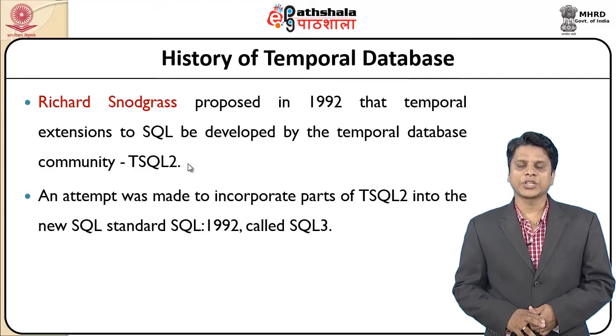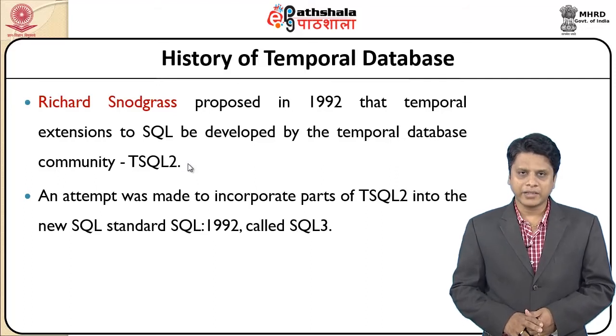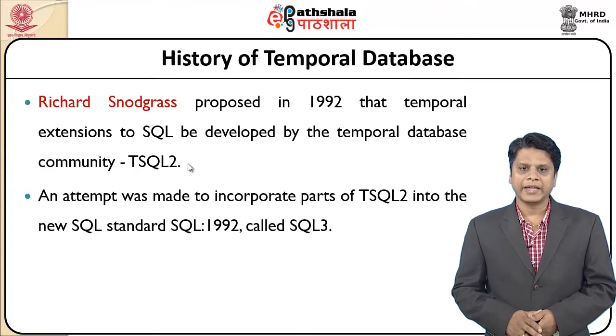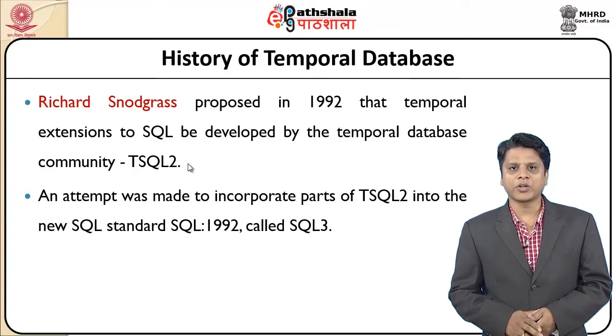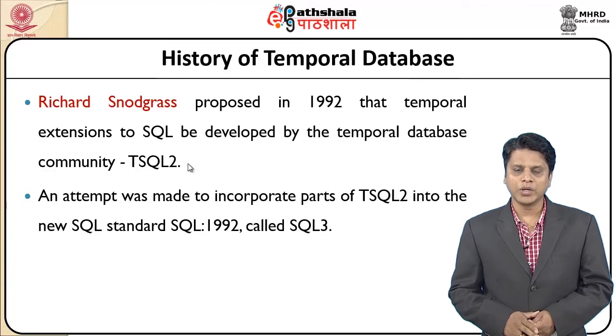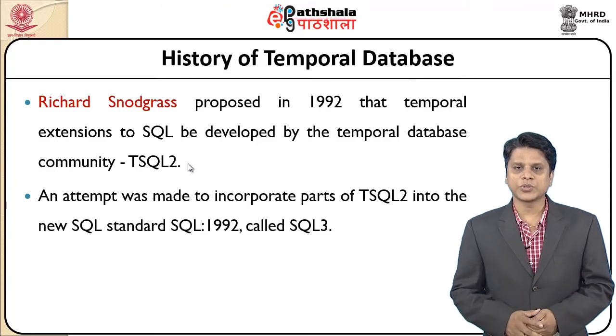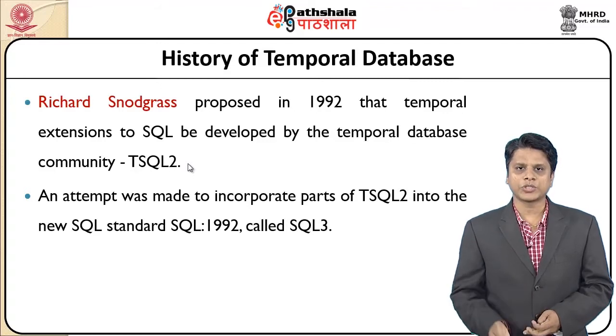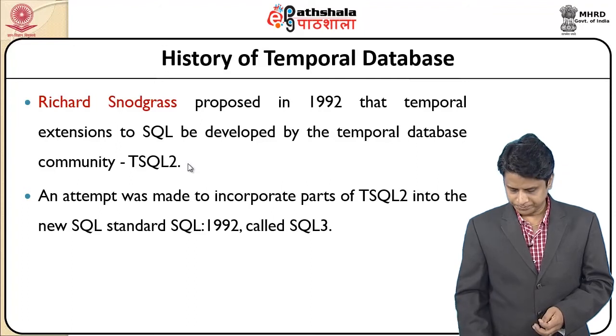So, the second version of SQL has carried temporal database, that is why it has been said as TSQL2. An attempt was further made to incorporate all the parts of TSQL2 into some of the new SQL standards, which were from SQL 1992 and then it was called SQL 3.